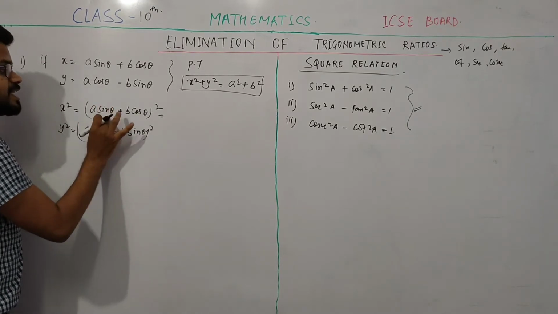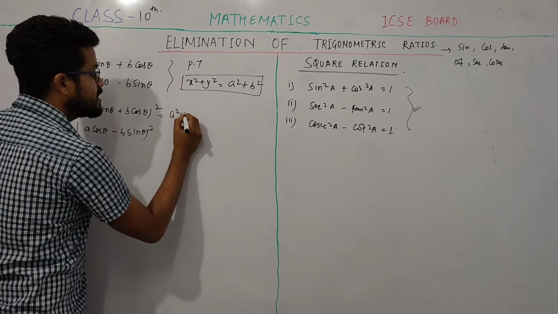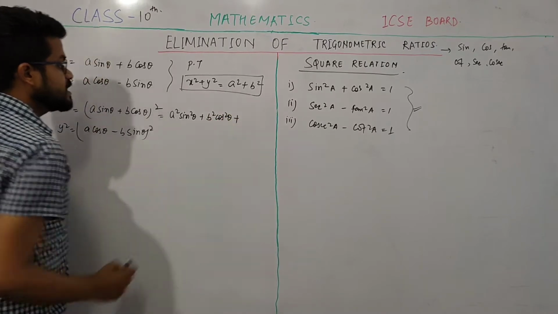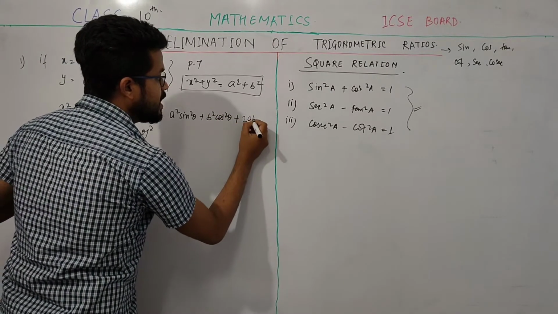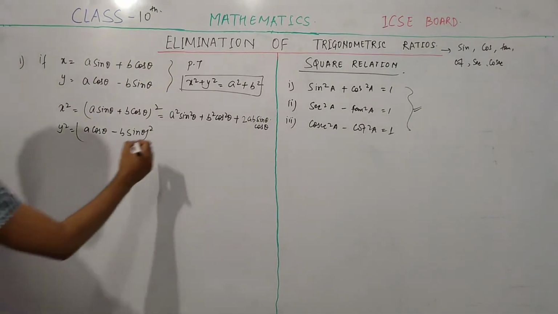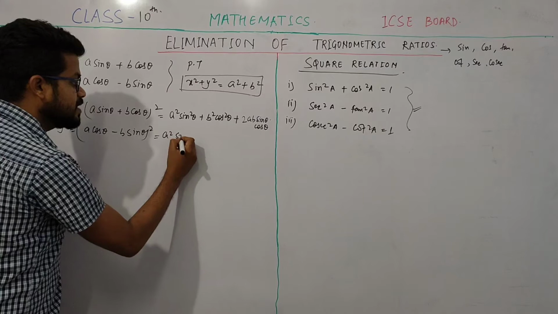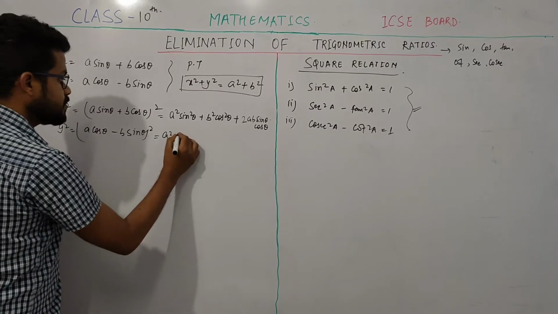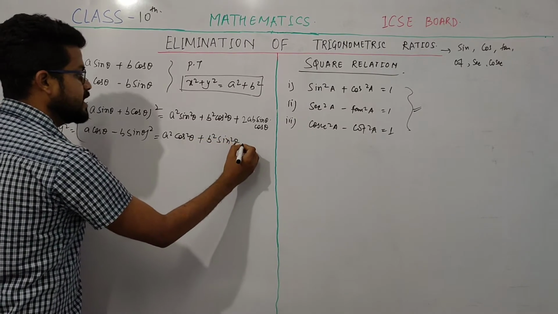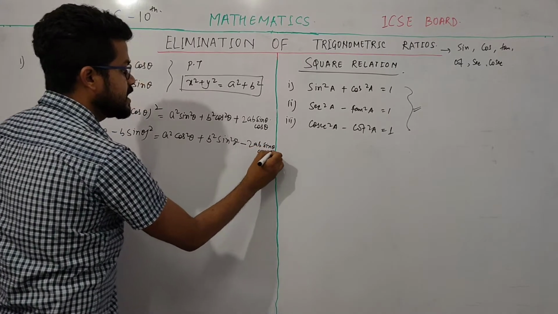If I take one term as x and the other as y, then (x plus y) whole square is x square plus y square plus 2xy, so a square sin square theta plus b square cos square theta plus 2ab sin theta cos theta. This is the first one. And using the (a minus b) whole square formula, this is a square cos square theta plus b square sin square theta minus 2ab sin theta cos theta.